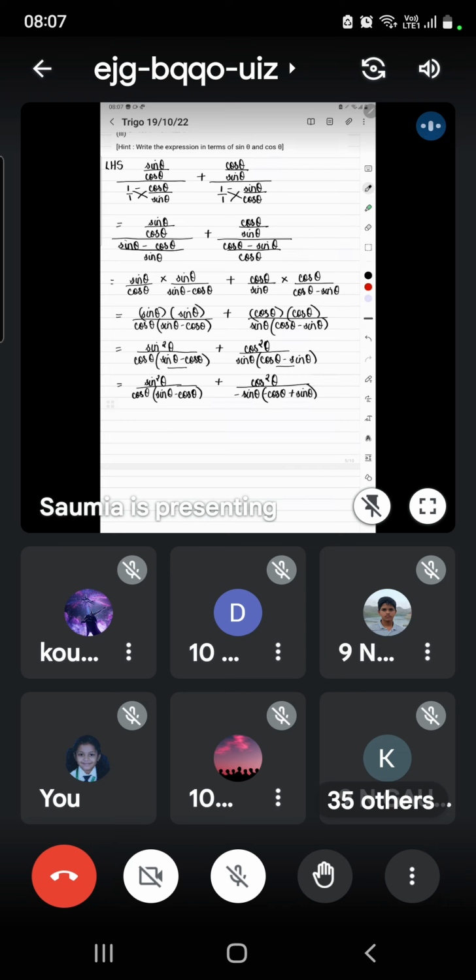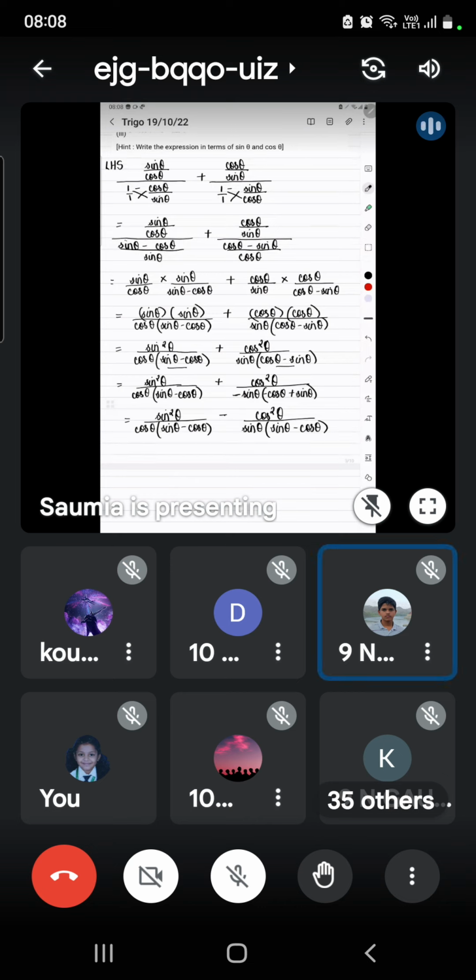Correct? So what can I do? I can bring that minus sign here. And here I can write sin theta into, take the sin first and the cos later. Did you understand what I did?